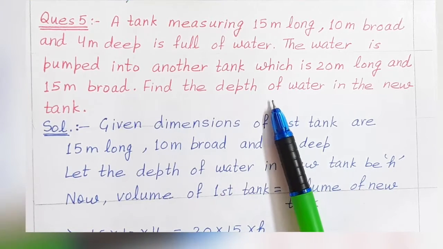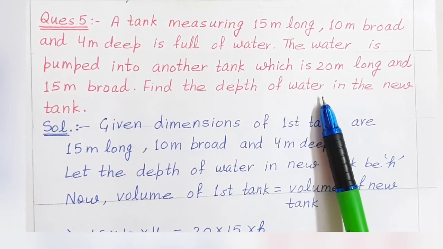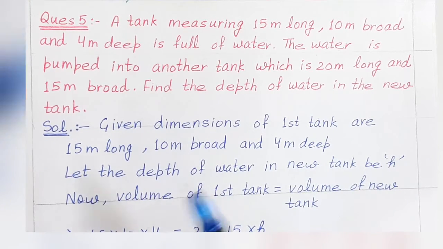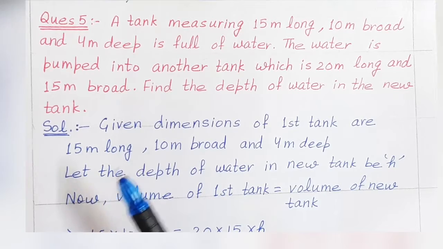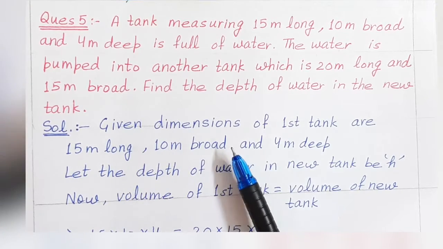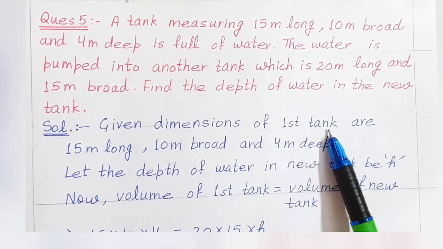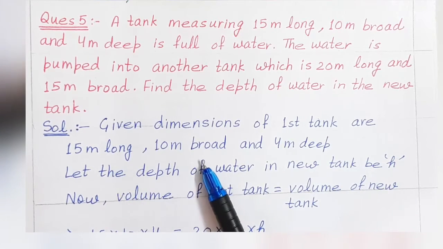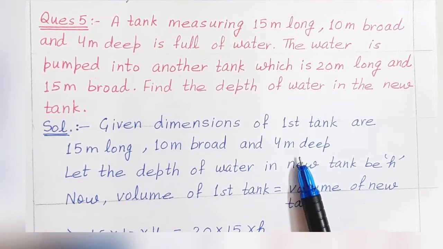Find the depth of water in the new tank. So the solution is, given dimensions of first tank are 15 meter length, 10 meter breadth and 4 meter height. Clear?